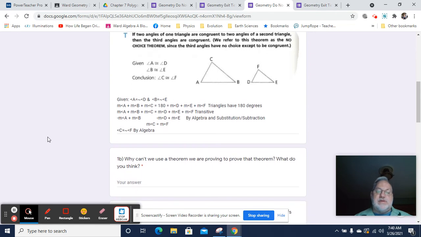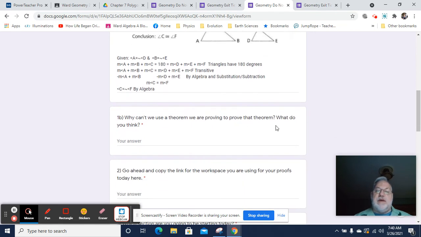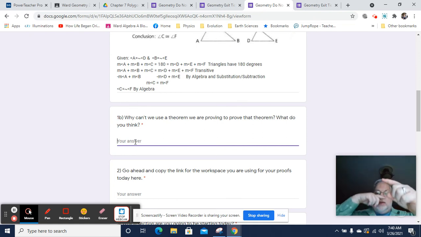Okay, why can't we use a theorem we were proving to prove that theorem? Well, what do you think? Your answers are going to vary, but essentially you cannot say hats are real simply by asserting because hats are real. That is what we call a circular argument. It is an argument that doesn't actually go anywhere.